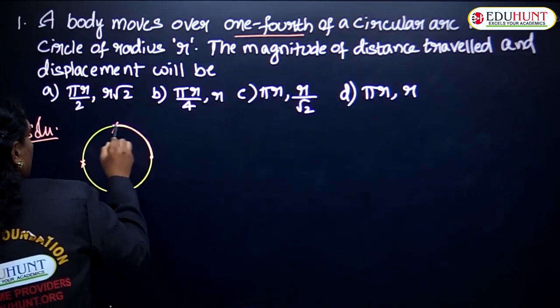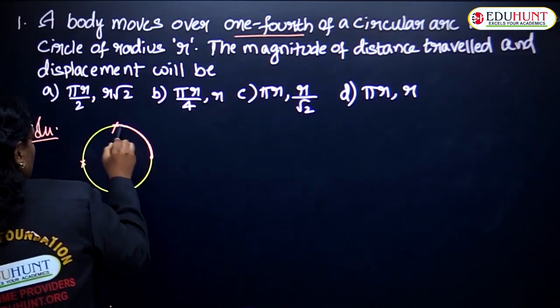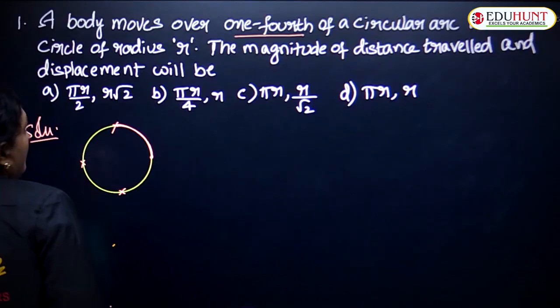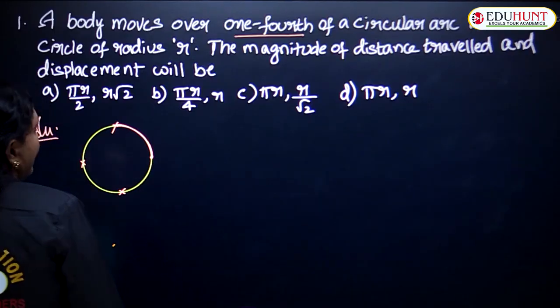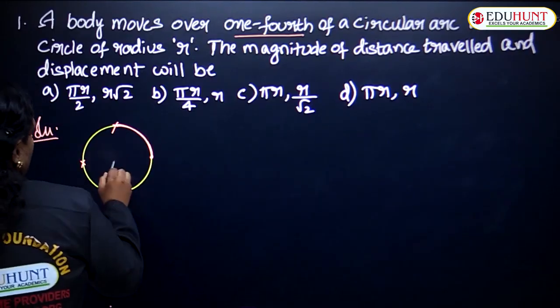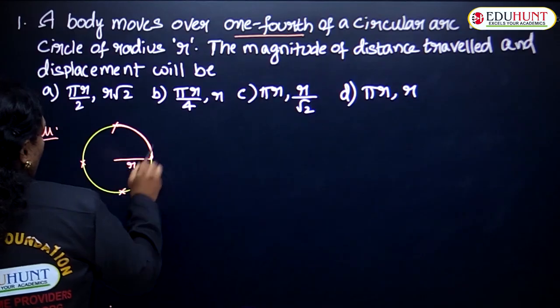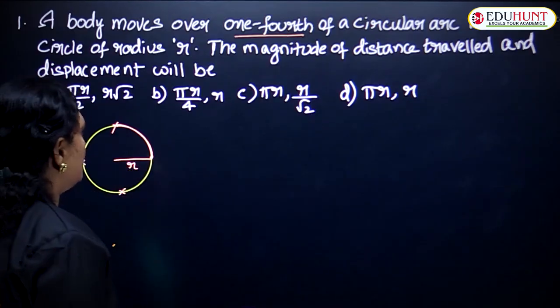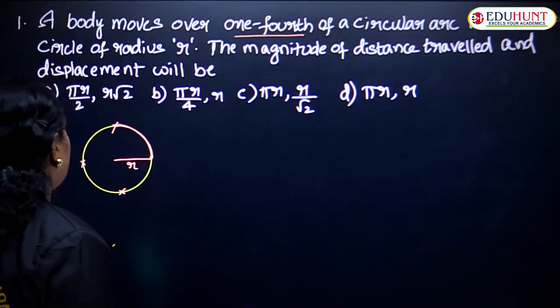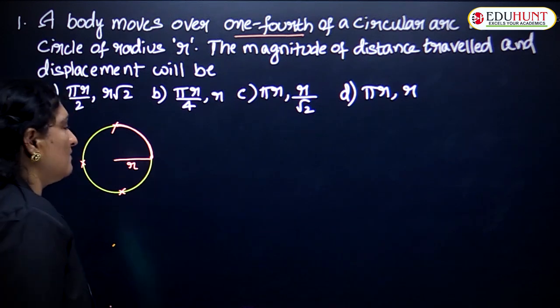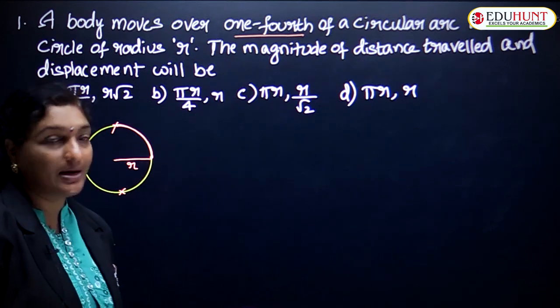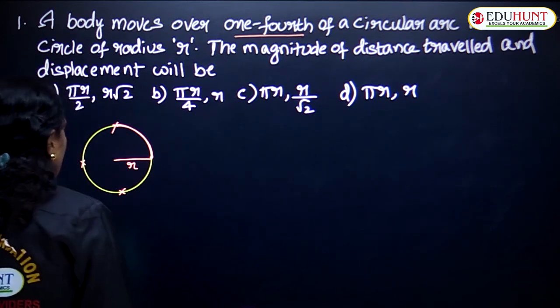From here to here would be 1/4 of the circular part. And what is the radius given? R is the radius of the circle. You are asked to find out the distance traveled as well as displacement.